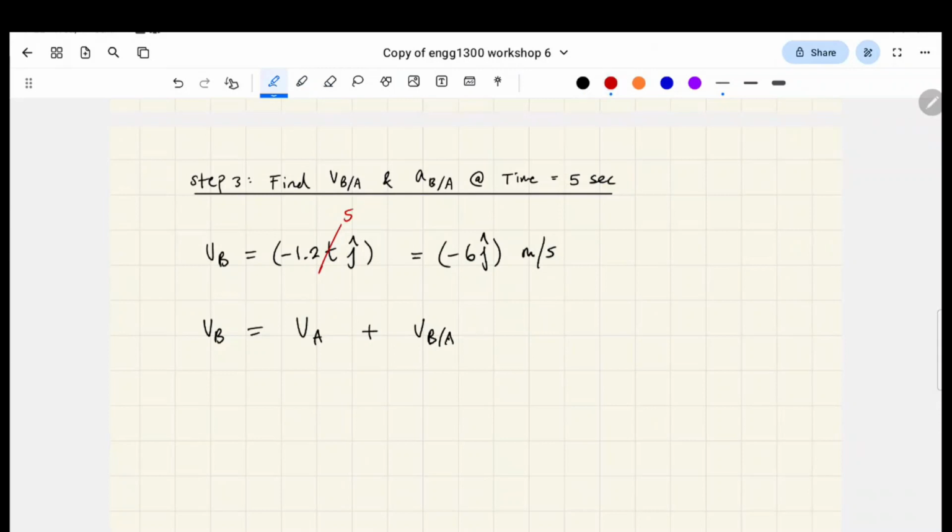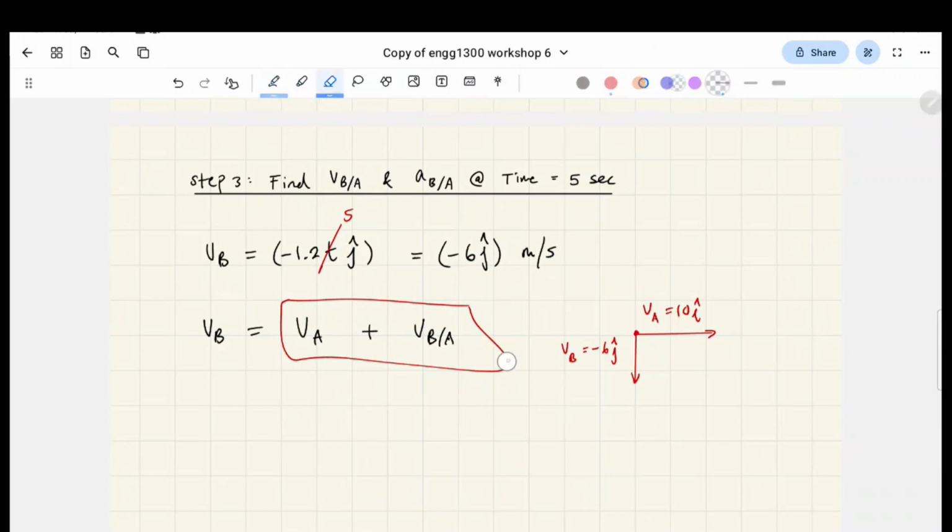let's just draw it out actually. This might help. VB was this one, and it was negative 6j. We draw VA from the same point, and that one is 10i, so 10 going to the right. I think of it like this: the left-hand side and the right-hand side have to start and end at the same point.